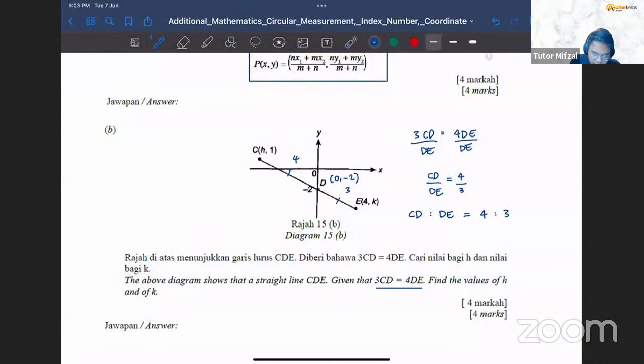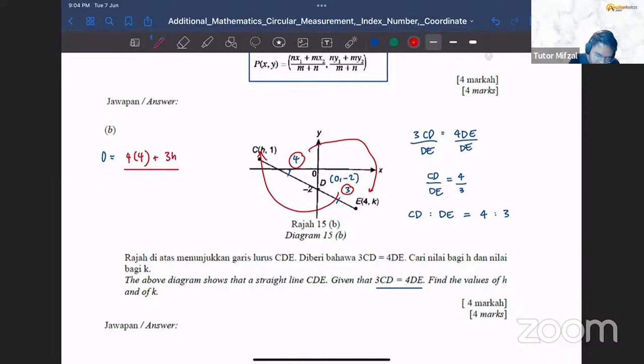Okay, this formula, boleh ingat je the formula. So let's take the x coordinate first. So ada 0 kan kat sini. 0 is actually equivalent to, you ambil this 4, you multiply with this 4. Okay, 4 times 4. Alright, and then you ambil 3, you multiply with h plus 3h.